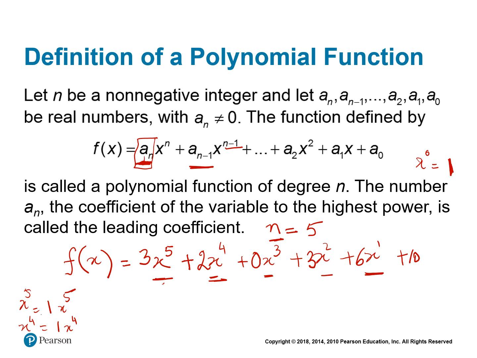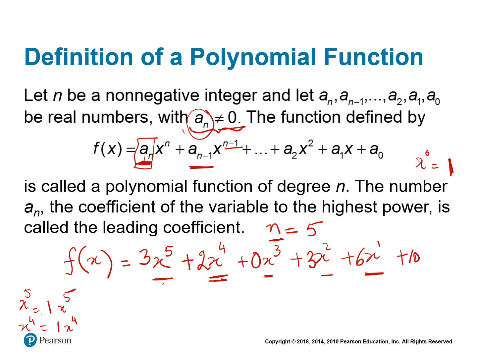However, based on what they are saying here, a sub n, that means the leading coefficient, the coefficient of the first term, cannot be a 0. But the coefficient of any other term can be a 0 in a polynomial function.